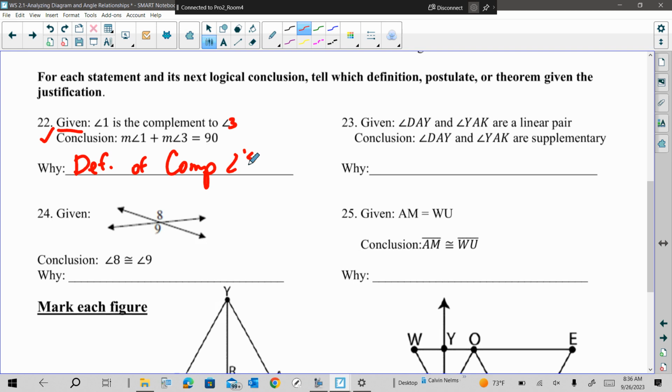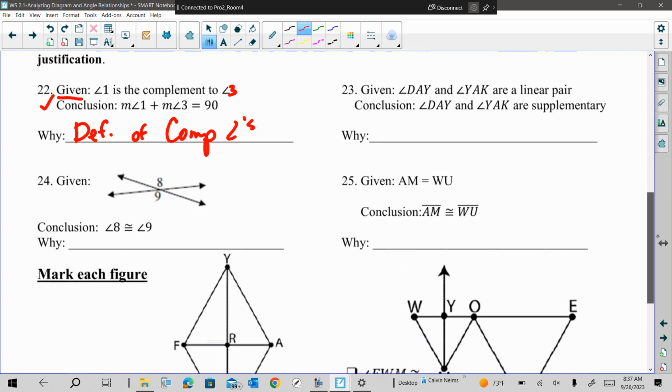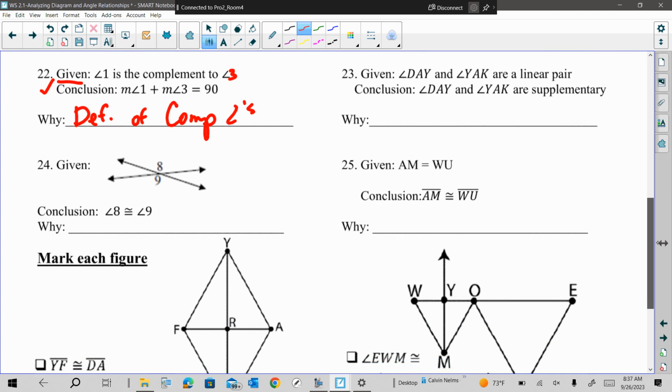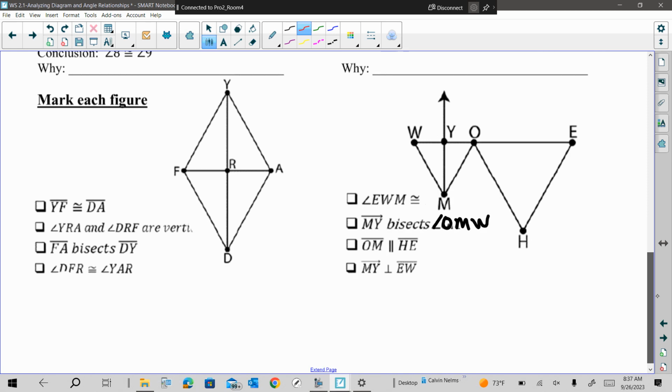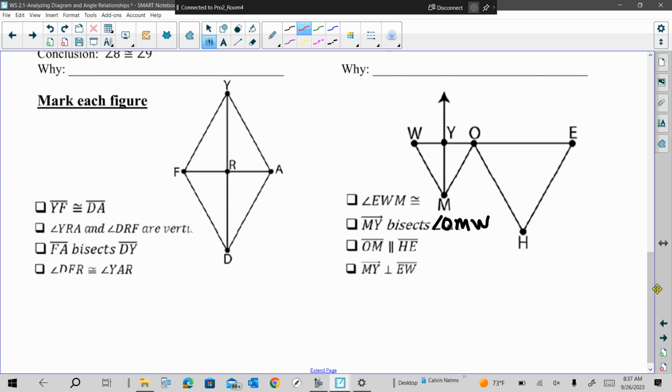So they are going to give you, or start off with your given information, and they're going to show you their conclusion they made, and you're going to tell me why they made that conclusion using the facts that you know. The special angle pairs, different definitions. And then the last part here, you have to mark each figure.